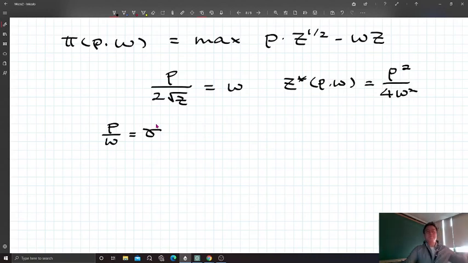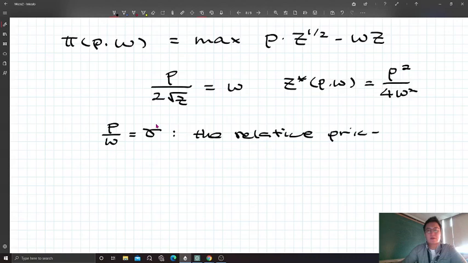Sigma stands for the relative price, sorry, w over p, because for the consumer problem, good 1 was leisure, so we put the price of good 1 and the price of good 2 on the bottom. So w over p is sigma. Then we can write this z star as 1 over 4 sigma squared.